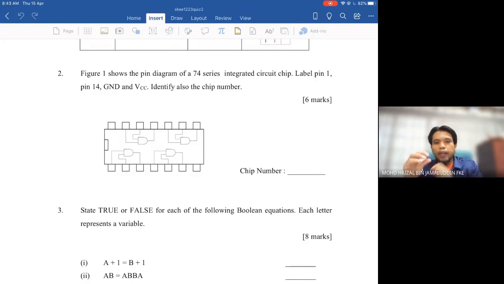So your AND gate, for example, doesn't come in a single chip. A single chip may contain, for example, in this case, four AND gates. But later I will introduce this kind of chip.